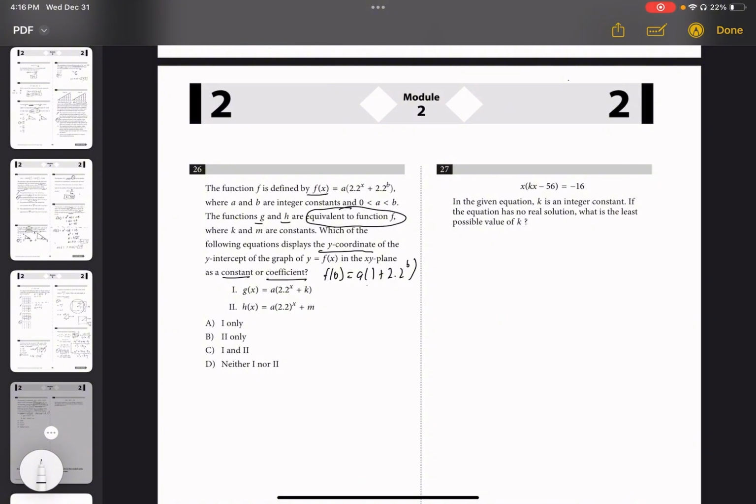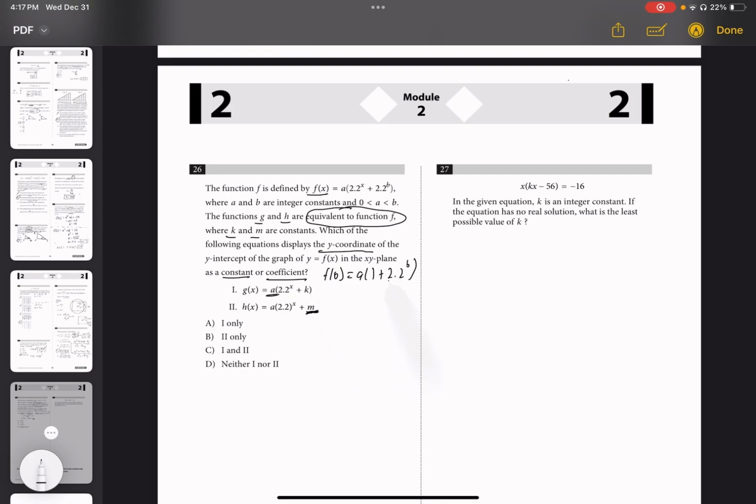So if it were a constant, it would have to be m. If it was a coefficient, it would have to be a here. And if we look at a times 2.2 to the x plus k, well, k wouldn't represent the y-intercept here because that's only part of it.